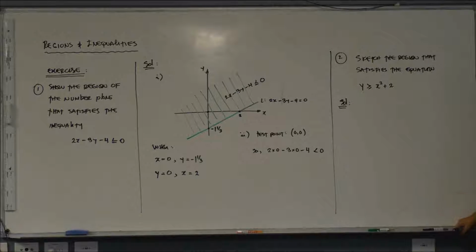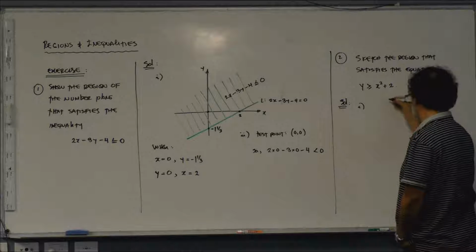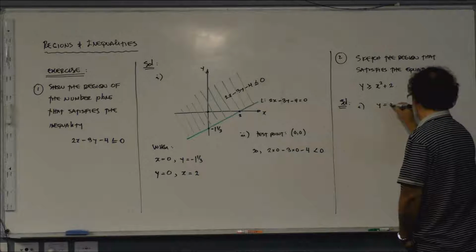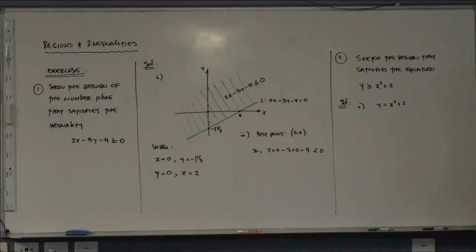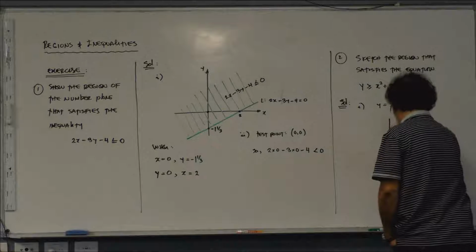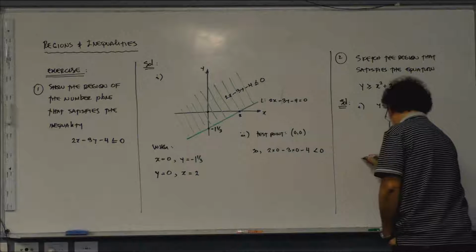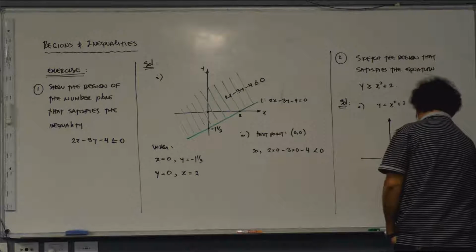All right? So solution. So we're going to sketch this. We're going to use y equal to x squared plus 2 to split the number plane. And you know that this is the very popular parabola. What can you tell about this parabola?